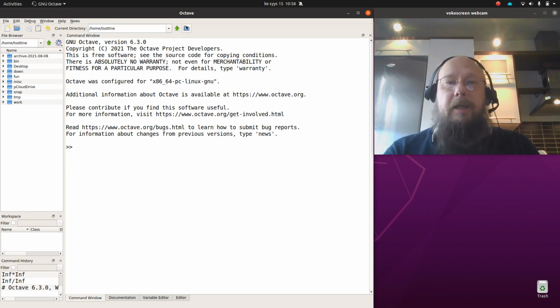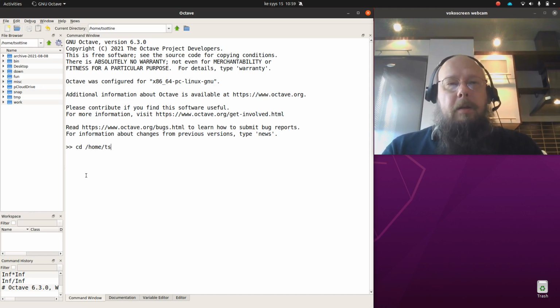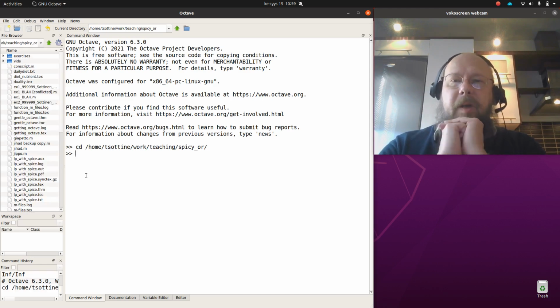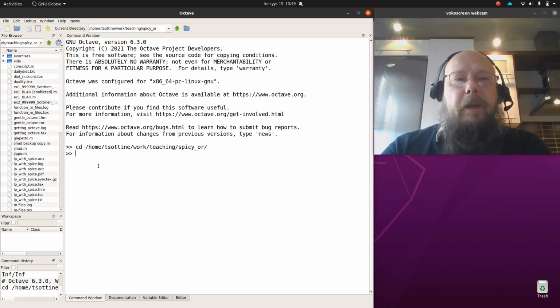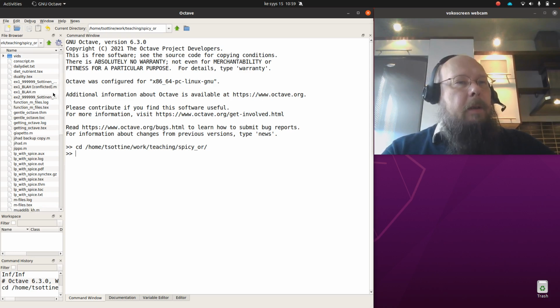I could change it here, or I can issue the command cd, like change directory, and I will do it like this because it's faster, since I can use tab to autofill the directory. Now I have the correct directory, and let's hope I have the M file diet here.